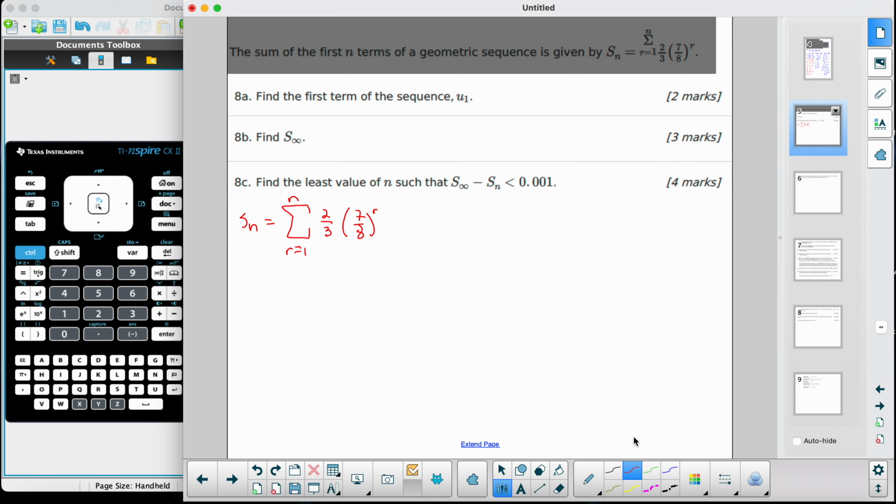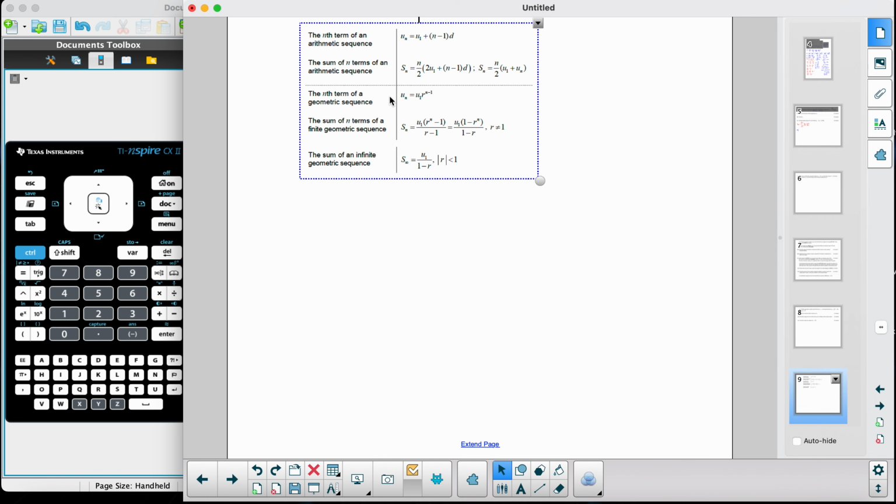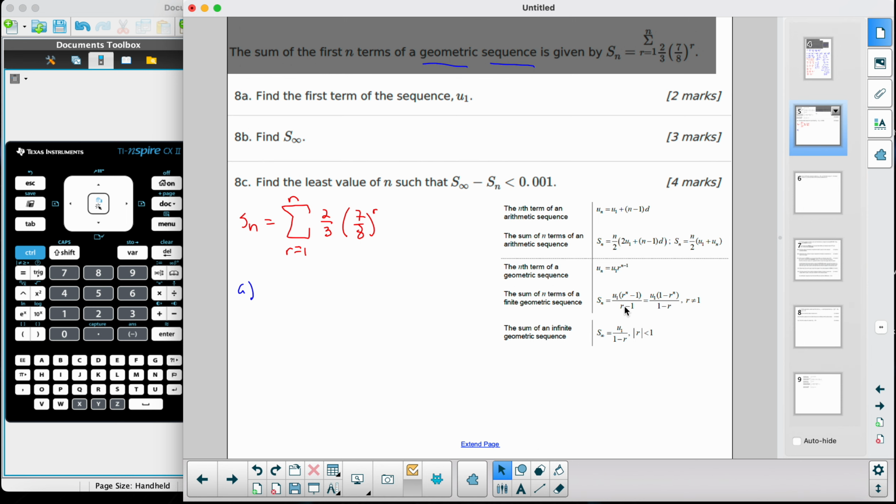Okay, well, to find the first term of the sequence, I'm finding u sub 1. Now it says it's geometric, right? So let me get our formulas. For the nth term of a geometric sequence, it's u sub n equals u sub 1 r to the n minus 1, right?